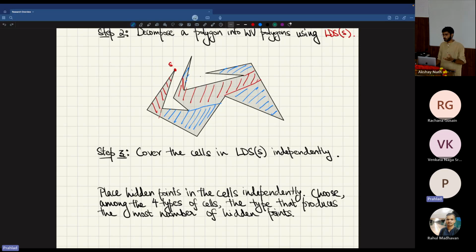We haven't ruled out a PTAS for weakly visible polygons. So I think it might be doable to improve this to 3 plus epsilon or 4 plus epsilon by improving the weakly visible thing to a PTAS. We don't even know if the weakly visible problem is NP-hard or not. The NP-hardness proof that they use for the general convex cover does not work for weakly visible polygons.